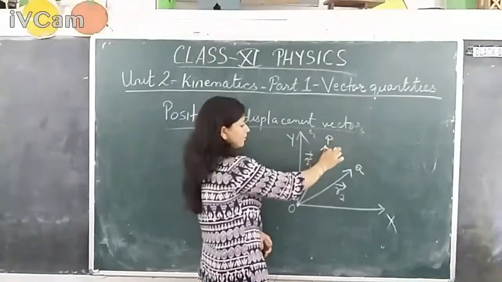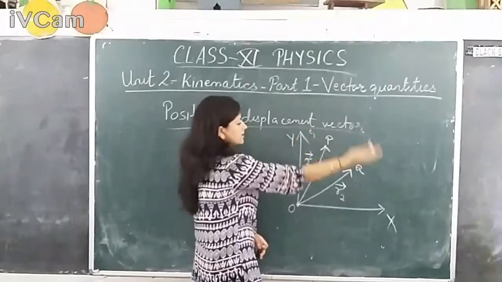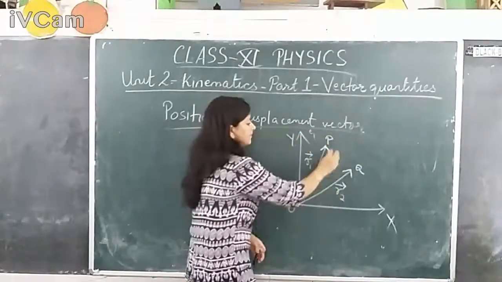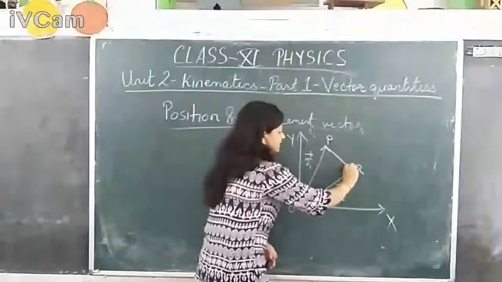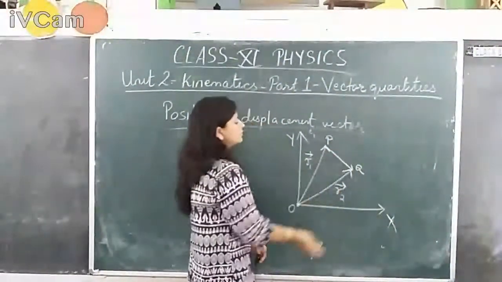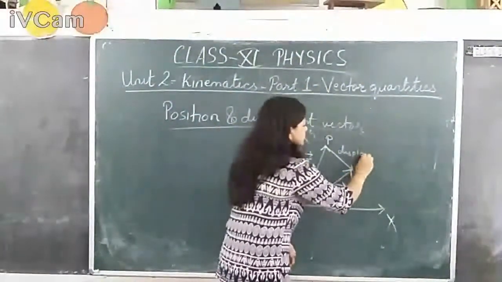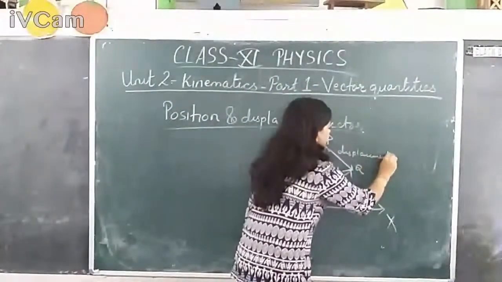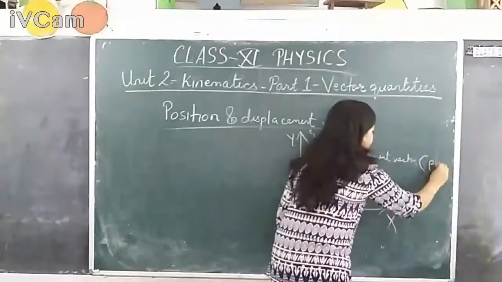The particle was initially at P at time t1, and after some time, at t2, it has reached Q. So there is a displacement, and the arrow drawn from P to Q shows the displacement vector of the particle. So our displacement vector is PQ.